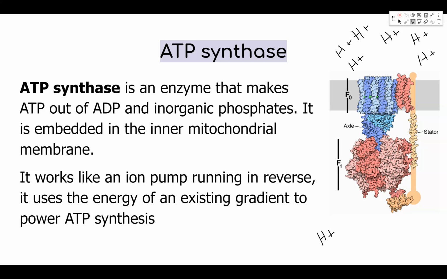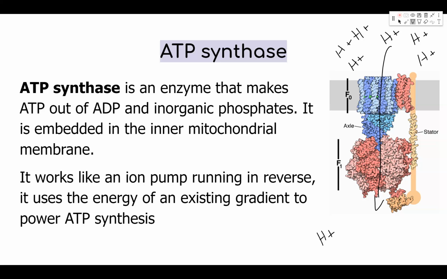It's actually really stinking cool. Because these hydrogen ions, do they want to go up or down? Are hydrogen ions going to go up, or are they going to try to go down? Down, right? There's a lot up here. They want to space out, so they want to go to where there's less of them. So physics will have these hydrogen ions wanting to go through this portal.